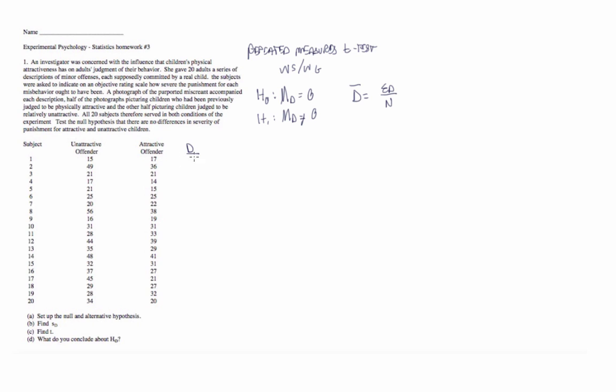So 15 minus 17 is minus 2, and then 13, 21 and 21, 0, 3, 6, 0 again, 25 and 25. I'm not keeping quite on the same line, that's okay. Negative 2, 18, there's a big difference.